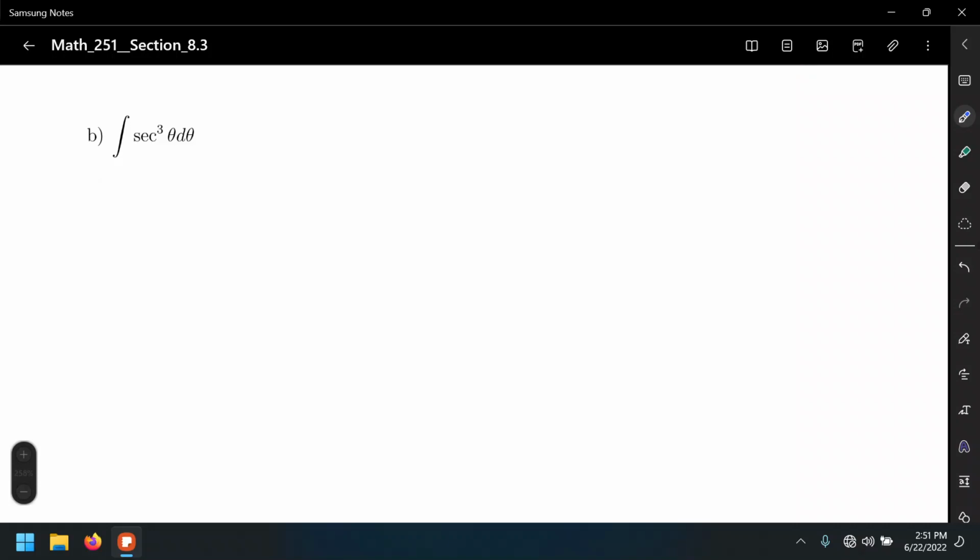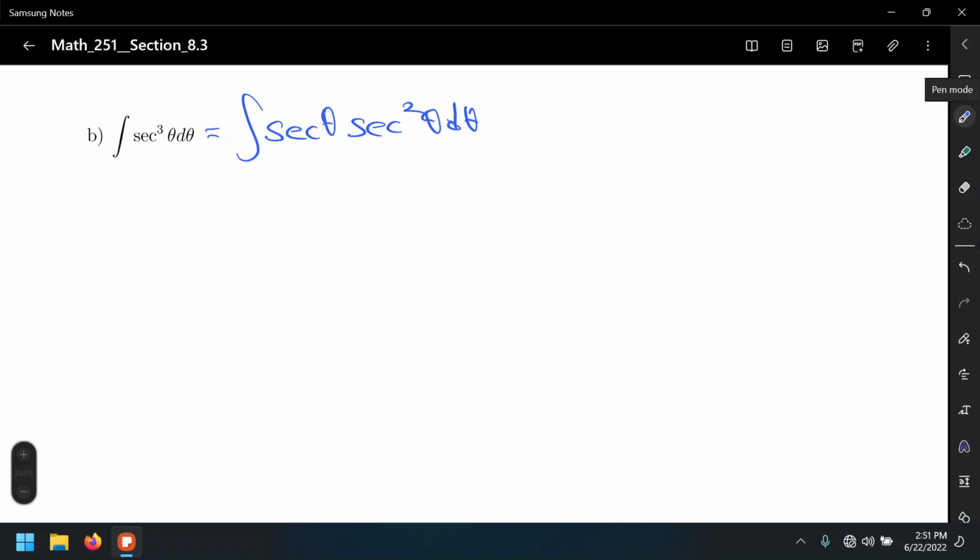So secant cubed theta d theta, let's split this one into the integral of secant times secant squared theta d theta. And well, we split it this way so we can see which one is going to be our u du.